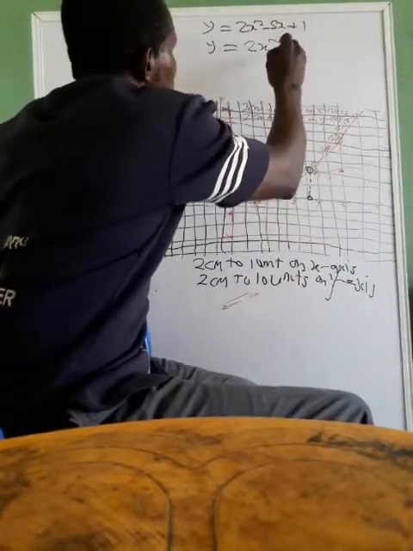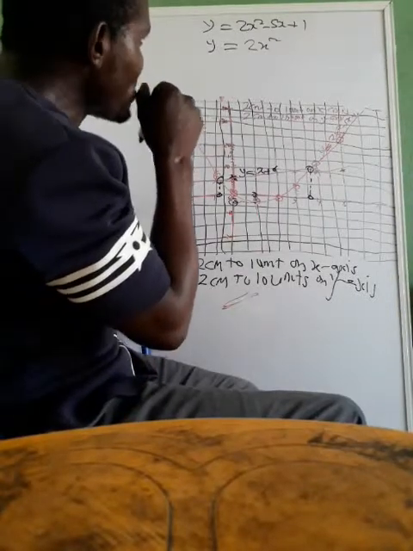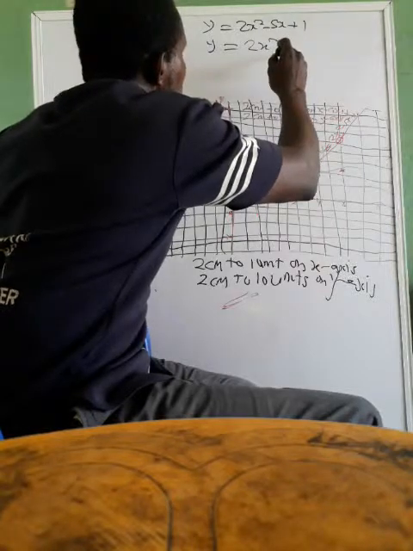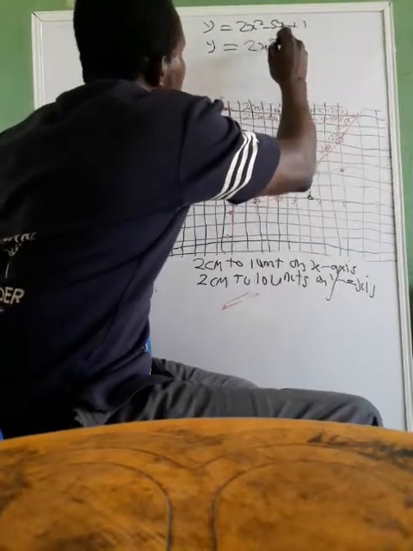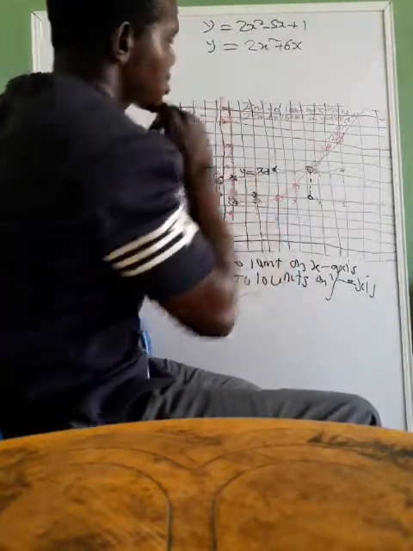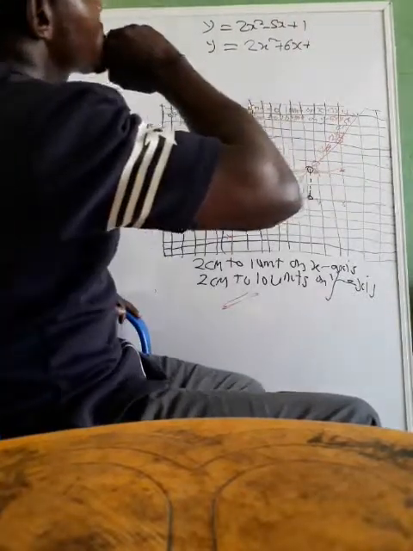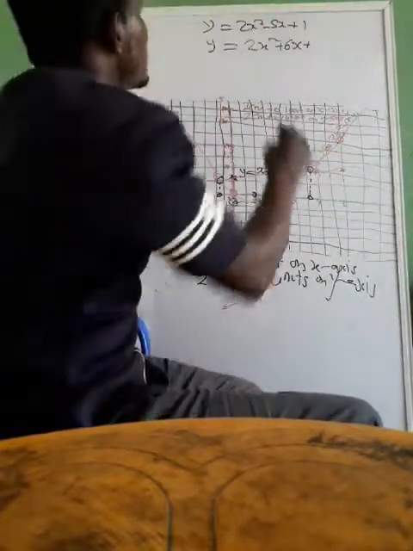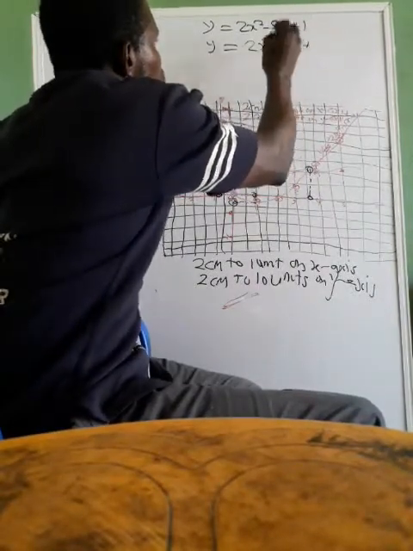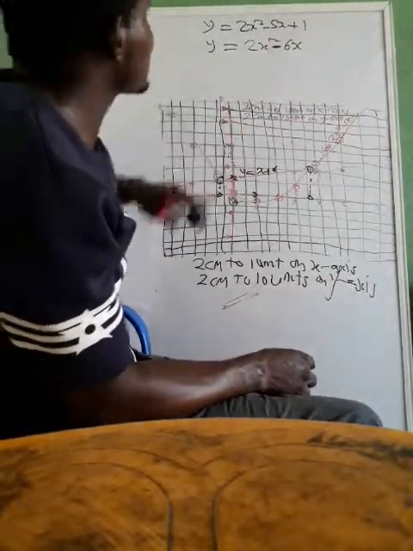Let me just do something. 2s squared, plus 6s, let me put minus, I just want to show you something. 6s squared plus this one, then we are having 6.